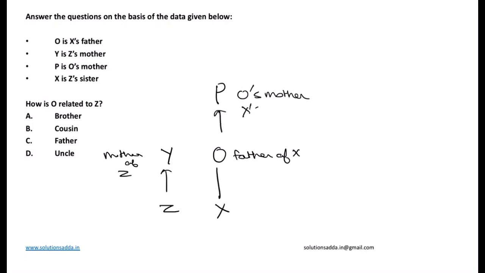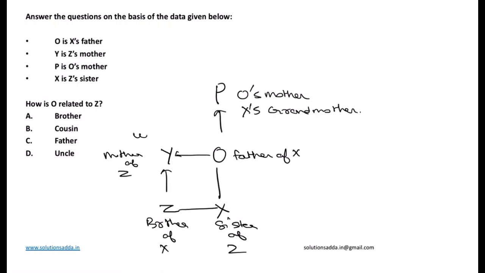Hence P is grandmother. X is Z's sister. X is sister of Z. Therefore Z is brother of X. And once X and Z are brother and sisters, therefore Y is wife of O. How is O related to Z?